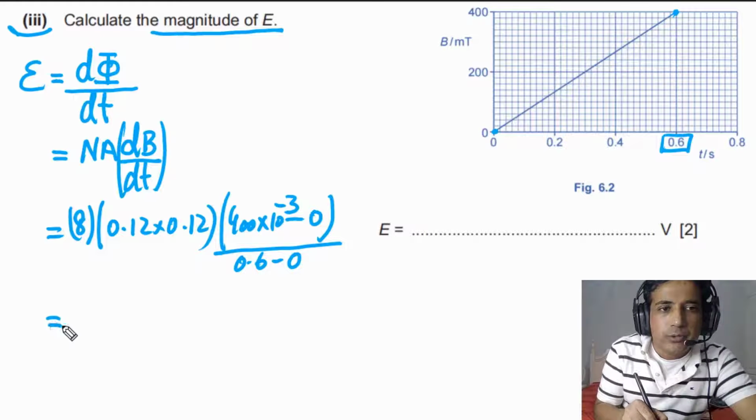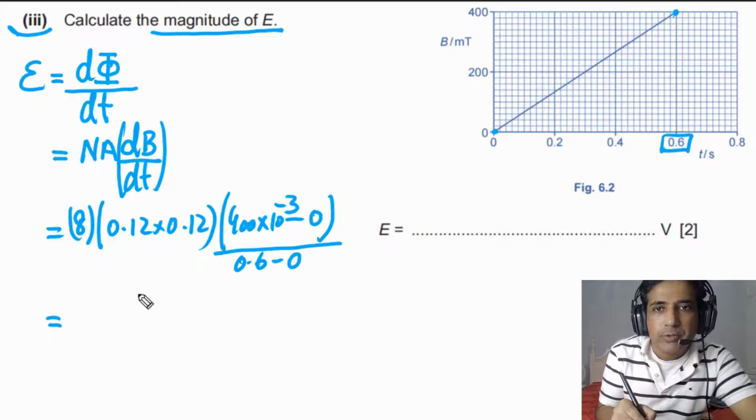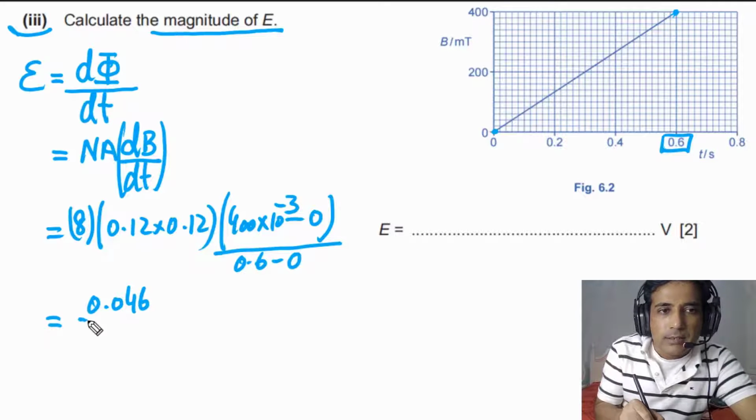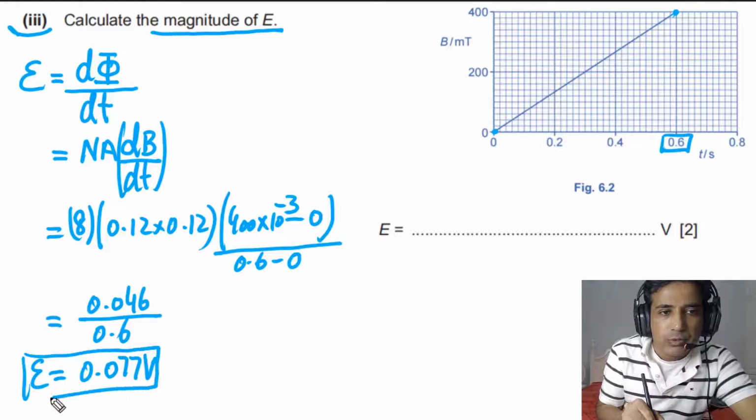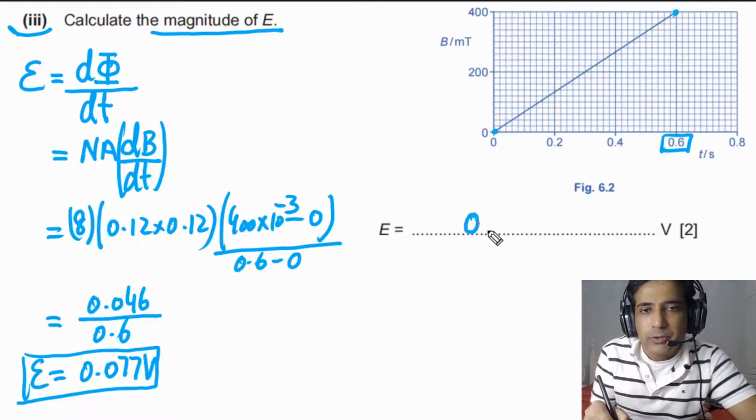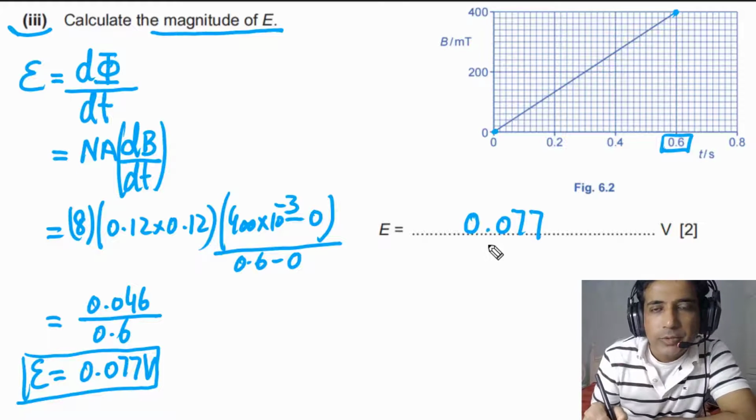If we solve this, we will get 0.046. This is the magnetic flux linkage and the time is 0.6. And our final answer in this case will be 0.077 volts, and this is the magnitude of induced EMF. So we need to write here 0.077 volts.